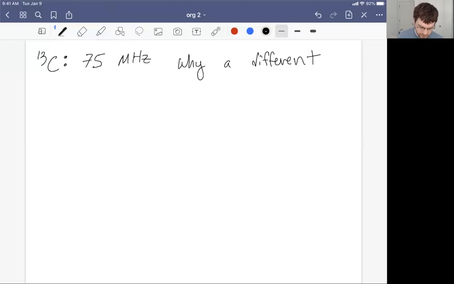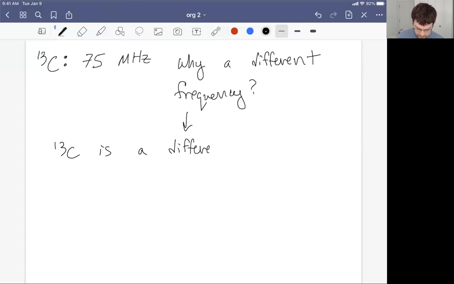Why is it a different frequency? If I keep it simple, the answer is that it's just a different nucleus. Carbon-13 is a different nucleus than the 1H nucleus.